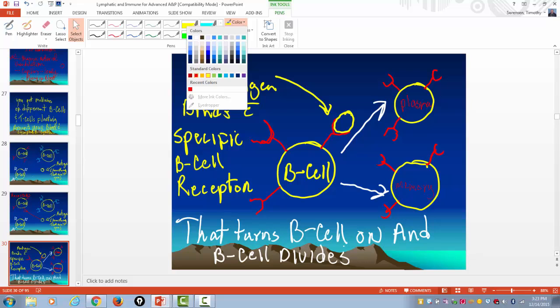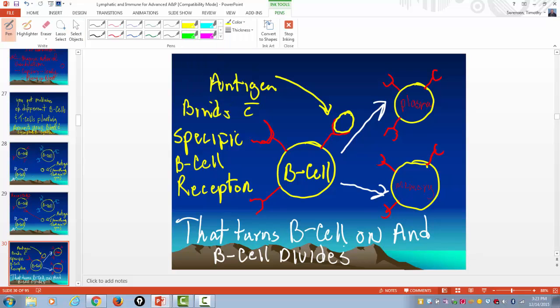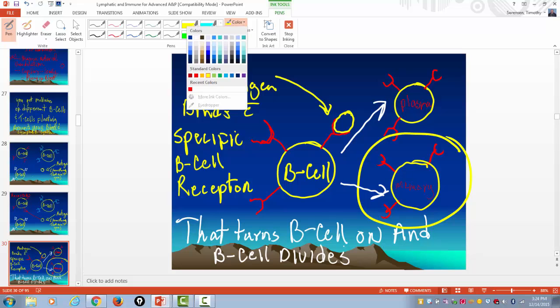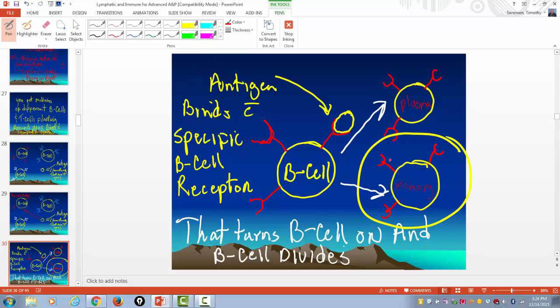However, on your second exposure, what do you have lying in wait? You got these memory cells. So I'm making this up, but just to give you an idea. The first time you're exposed to it, the plasma B cells make 1,000 antibodies. But it may take weeks for that to happen.